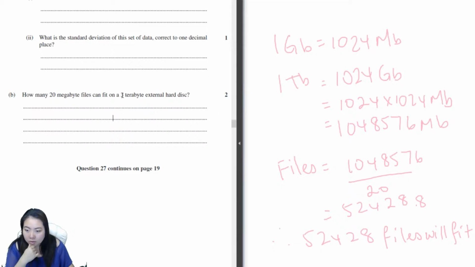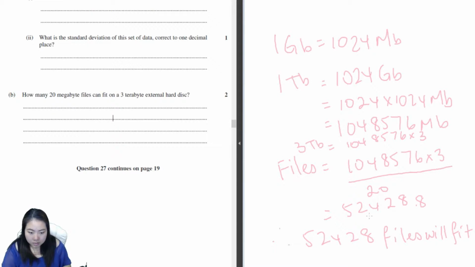Oh, it's a 3 terabyte external hard drive. Ooh, it's a good thing I checked, because I've only fit it onto 1. We need to add an extra step here to say 3 terabyte would be this number times 3, right?